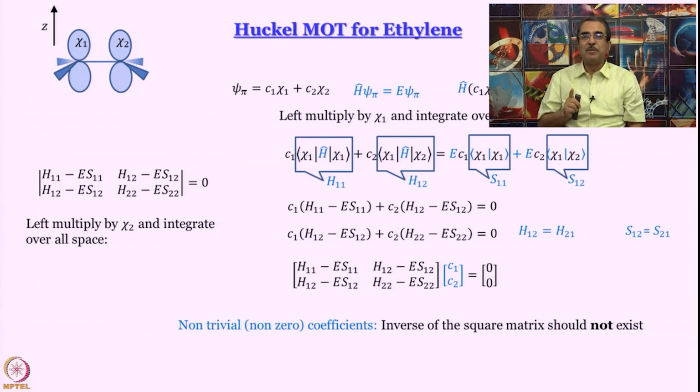When this determinant is equal to 0, the inverse does not exist and that is the only hope of us getting C1 and C2 that are non-zero. So, this determinant is called the secular determinant and secular determinant equal to 0 is called a secular equation. So, for the rest of the discussion we are going to try to see how one can solve this secular equation.